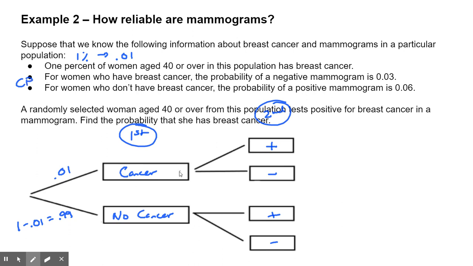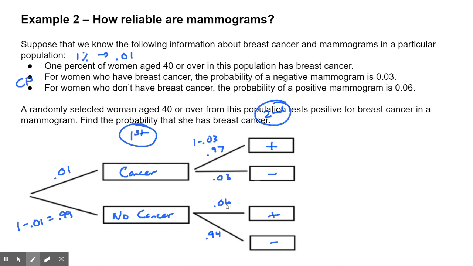So if I have breast cancer, the probability of a negative test is 0.03. So then we have to do 1 minus 0.03 to get 0.97 for this branch. Remember, they have to add to 1. And then for women who don't have breast cancer, the probability of a positive is 0.06. So we do 1 minus 0.06 to get 0.94. And here is our tree diagram.